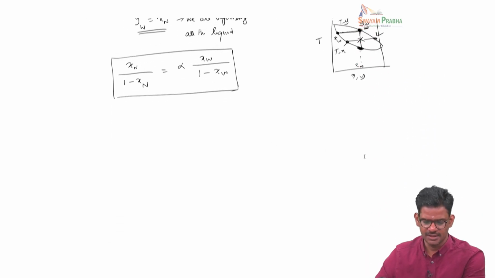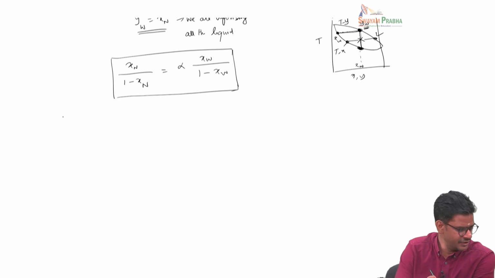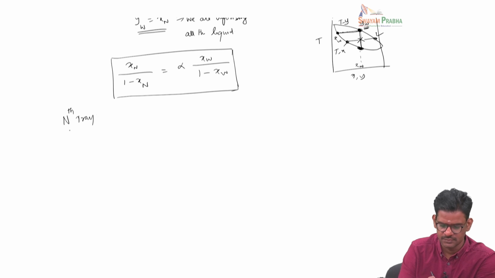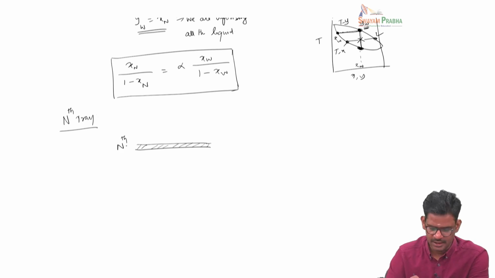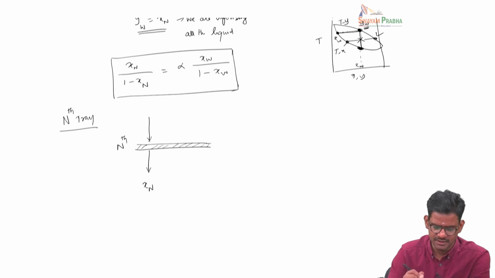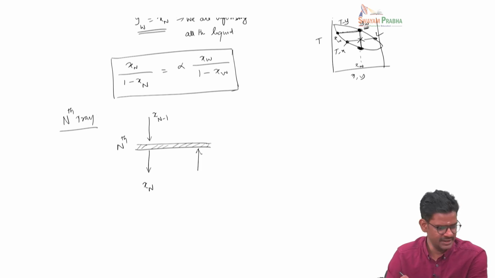Now let's look at the application to the nth tray. Let us draw the notations here. So this is the nth tray, and the liquid that is leaving the nth tray is Xn, and the stream that is coming in is Xn minus 1, and the vapor that is entering here is Yn plus 1, and the one that is leaving is Yn.